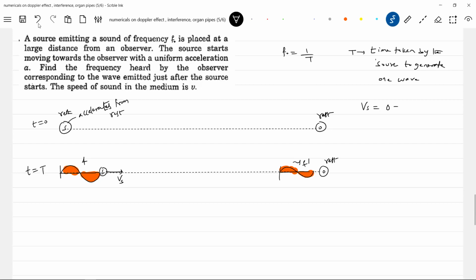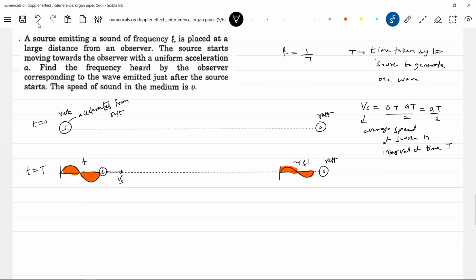What is the average speed? (0 plus aT) by 2. The average speed of the source in the interval of time T. Okay, got this one.